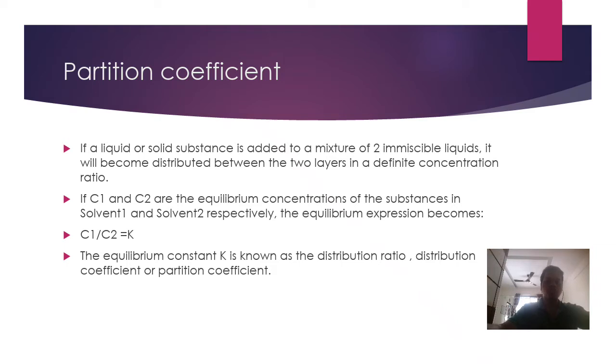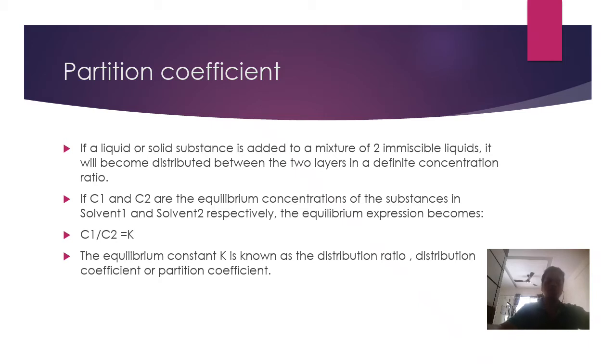So if C1 and C2 are the equilibrium concentrations of the substance in solvent 1 and solvent 2 respectively, then the equilibrium expression becomes C1 by C2 is equal to K. Say C1 is the benzene and C2 is the water.